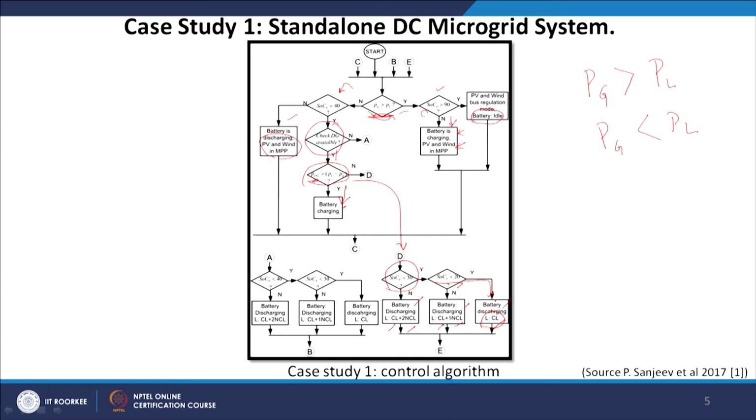So, please understand the algorithm is such that we try to understand the situation of the system. If my generation is more than load, then I can start charging my storage. But before charging the battery, if the generation is more, I have to see the state of my battery.